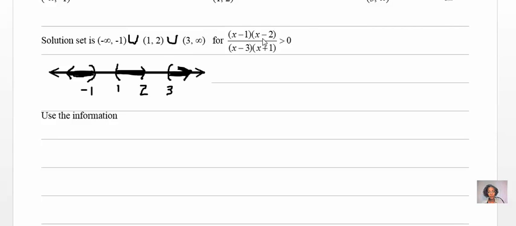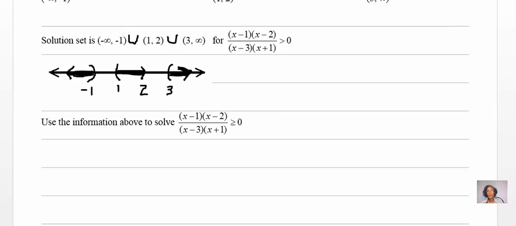That's the solution set for this inequality, which is our original inequality in factored form. The only change I want to make here is to change this from this rational function greater than 0 to this rational function greater than or equal to 0. And I want to look at how that changes our result.